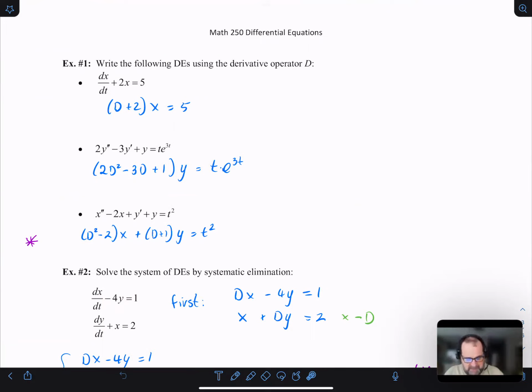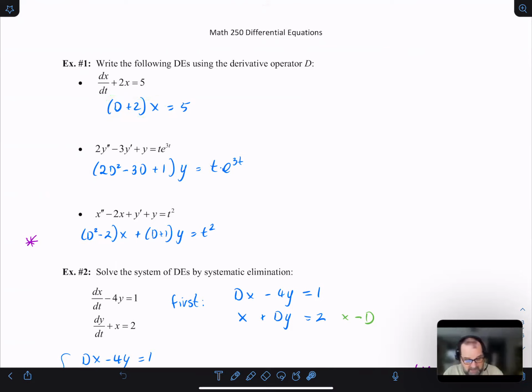So things like this, if we read dx/dt plus 2x equals 5, we can rewrite this using the derivative operator as D plus 2 acting on x equals 5. The point is that this used to be two things, dx/dt plus 2x. This is now a single x term when written with our differential operator.